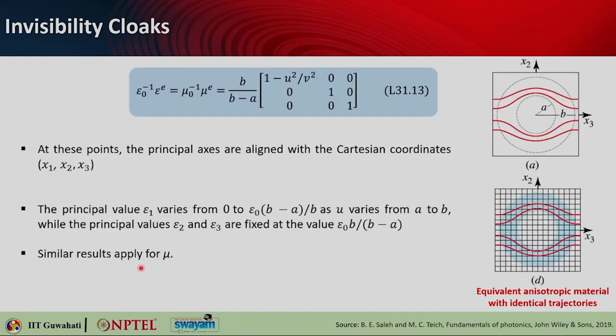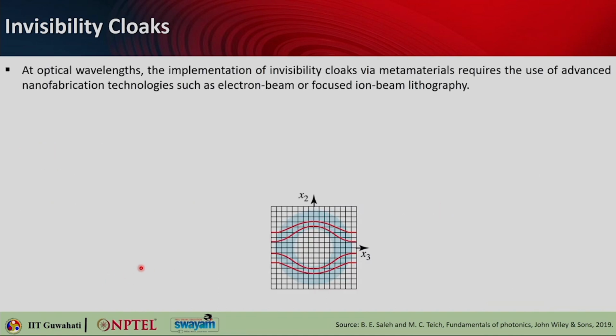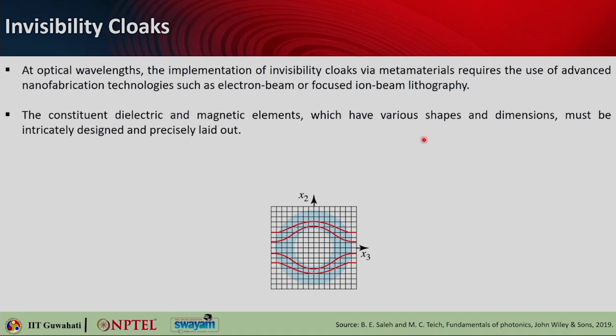A similar result will apply for mu as well, and with that you can see that if you go to implementation at optical wavelengths, the implementation of invisibility cloaks via metamaterials will require the use of advanced nanofabrication technology, something like electron beam or focused ion beam lithography. We will look into the details of these different techniques in the subsequent lectures.